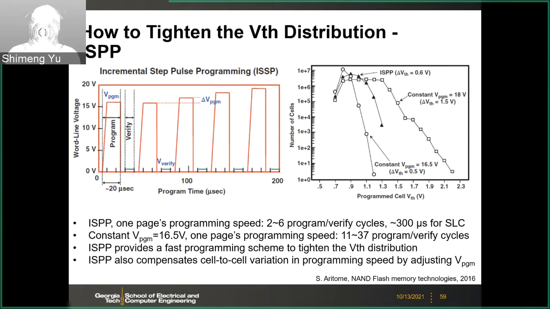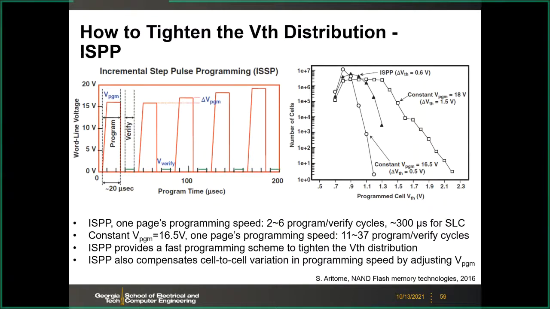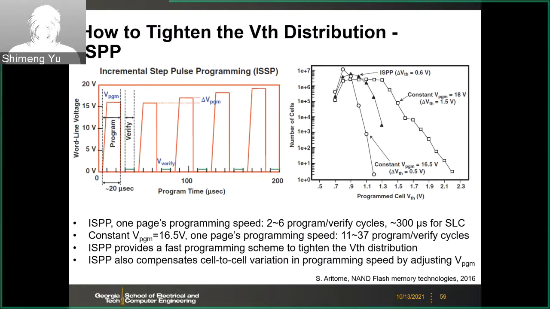It's a statistical process for the electrons to tunnel through. So there will be some variations in the VT. Even if you use the same programming time and the same programming voltage, on different devices, or even if you repeat this on the same device, you may end up with a slightly different VT every time. So that's the distribution.